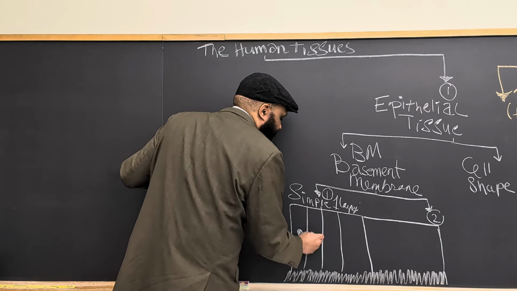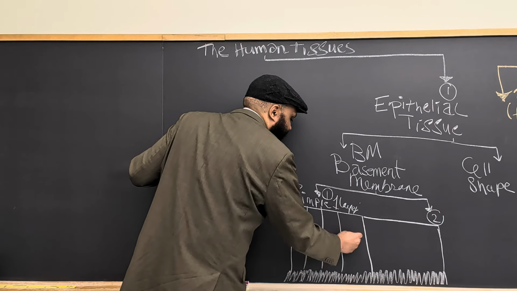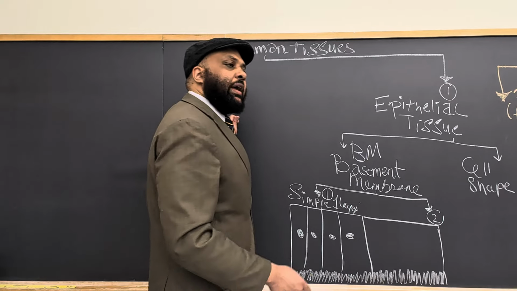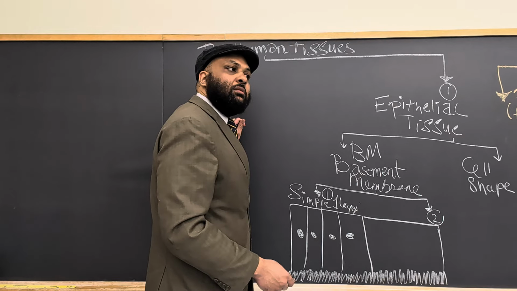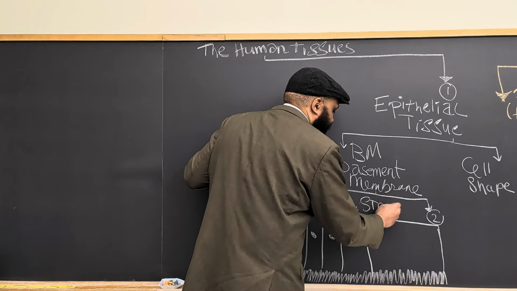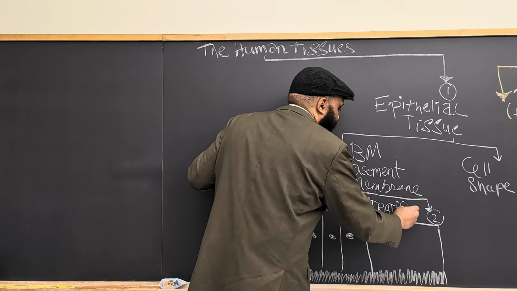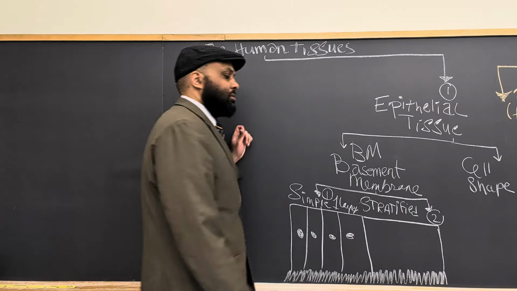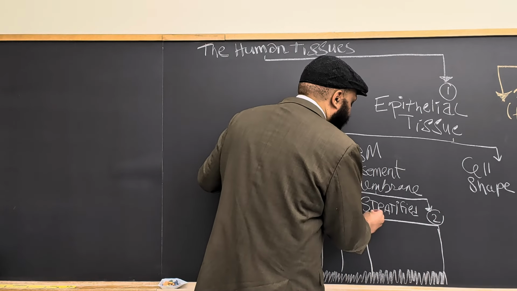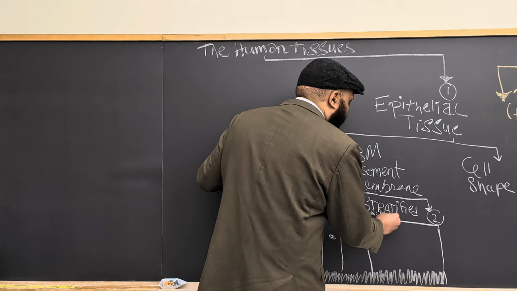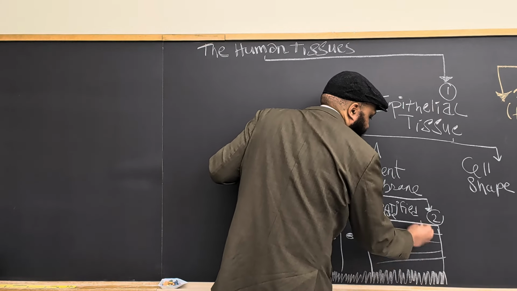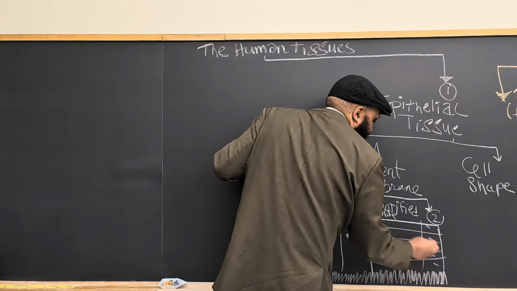You see? What is the other arrangement known as? Excellent. So this is stratified. Stratified means what? Multiple layers. Two layers or more, a minimum of two or more.